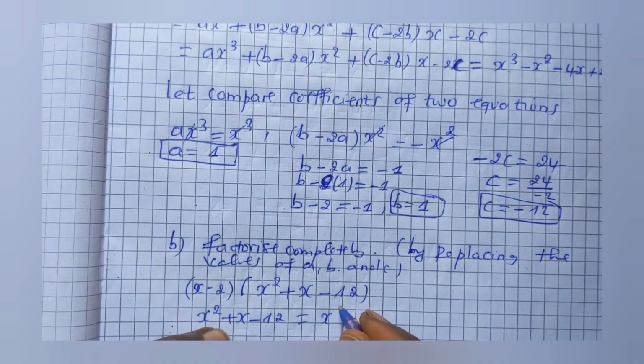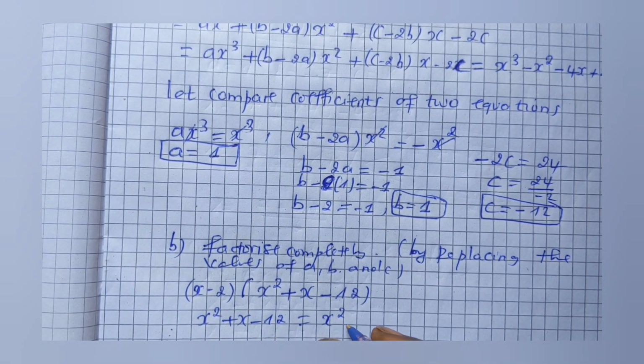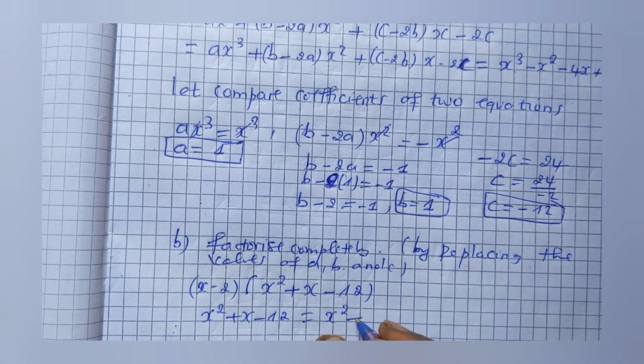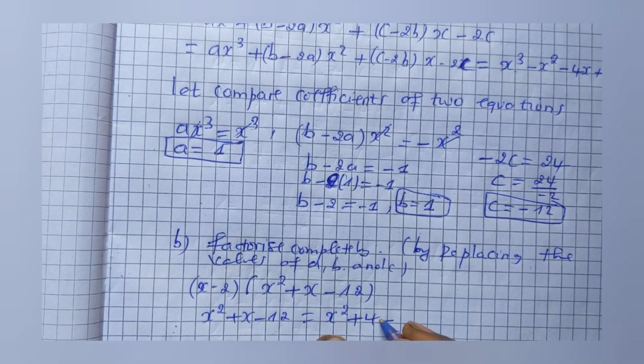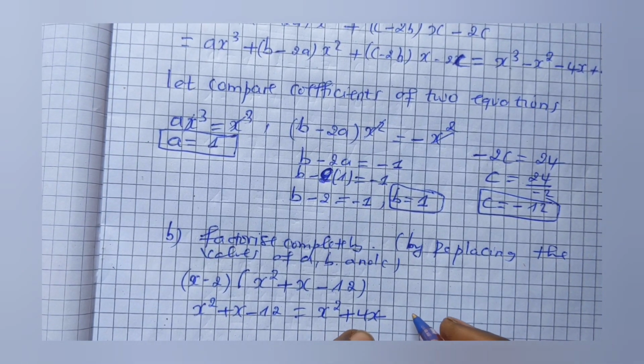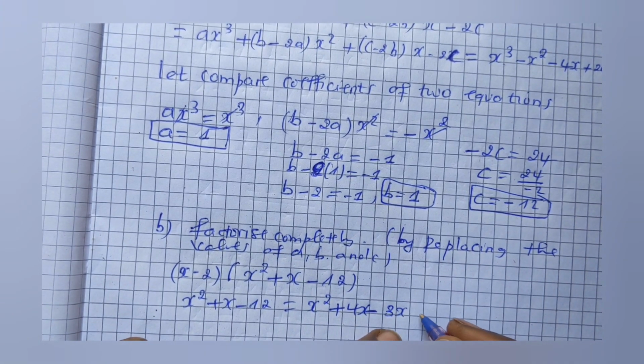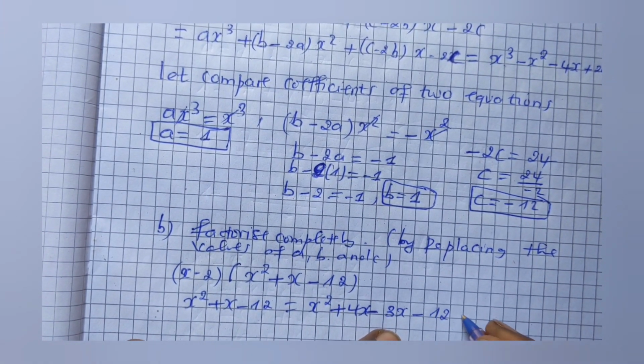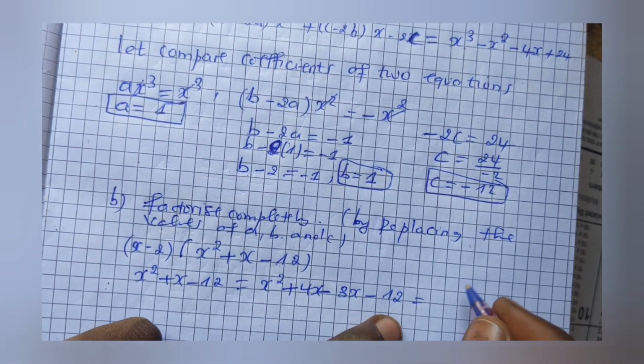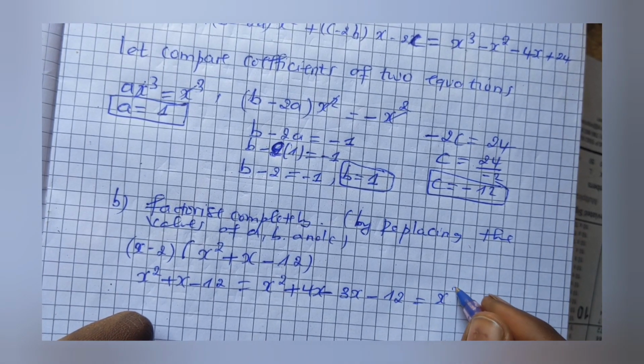So x squared plus x minus 12 can be written as x squared plus 4x minus 3x minus 12.